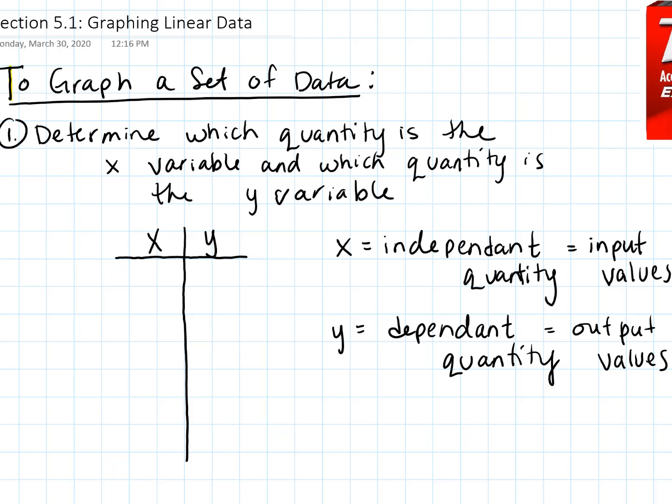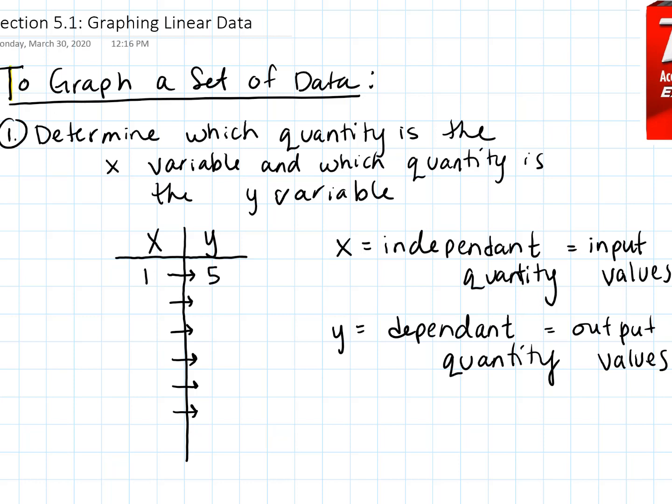So it tends to come to us in a data set where X is the first column and Y is the second column, because X tends to be listed first since it determines what Y is going to be. We think of the connection going this direction, like an input and an output. So if you had 1 here and 5 here, we're saying that when you're given an X value of 1, the output of the Y variable is going to be 5.